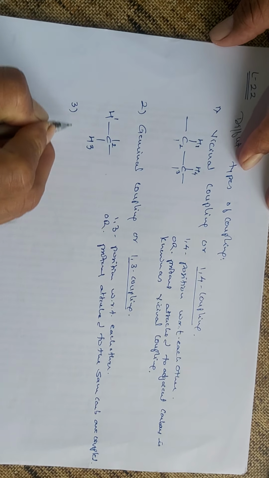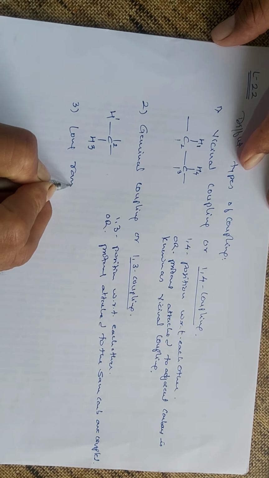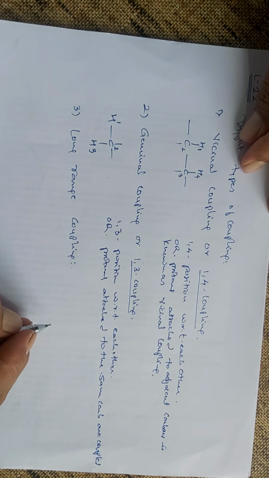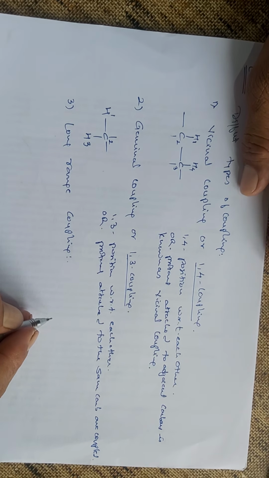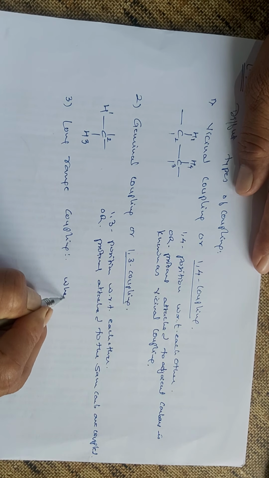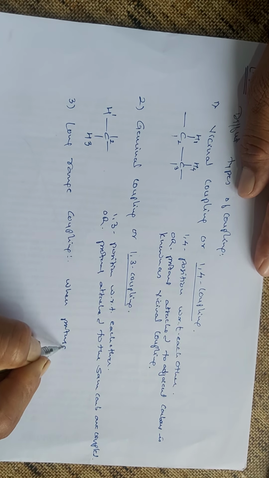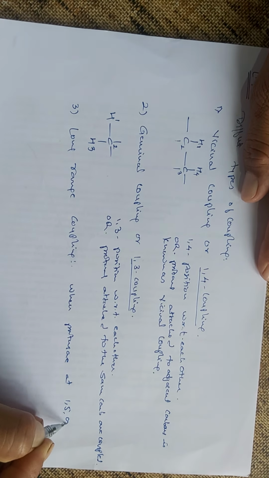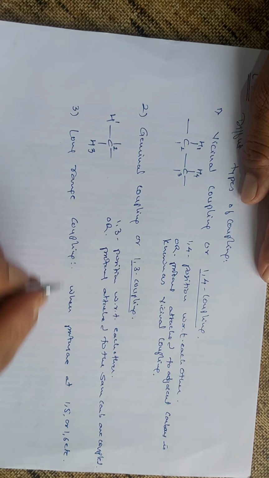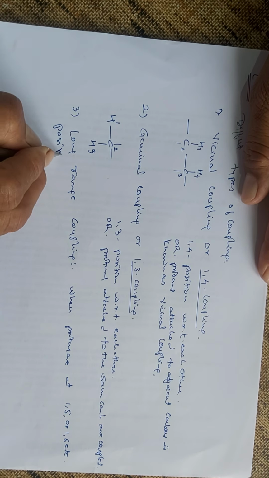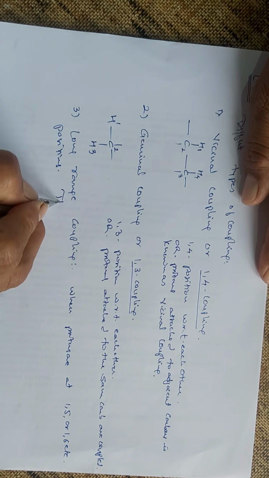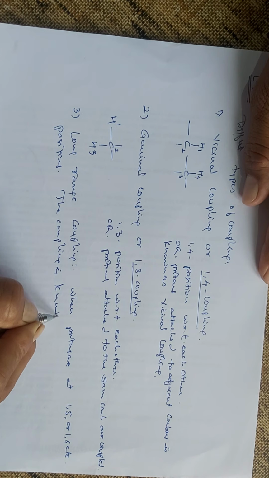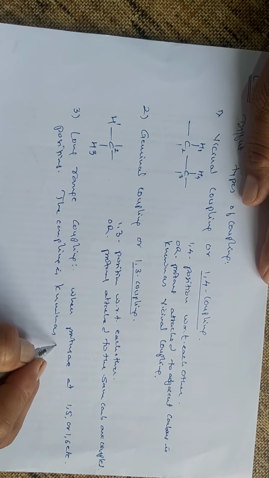And the third type is long range coupling. When protons are placed at 1,5 or 1,6 etc. positions, the coupling is known as long range coupling.